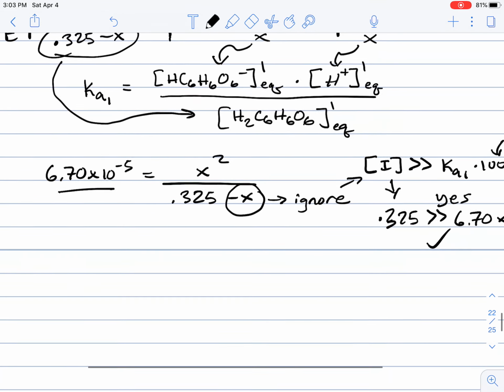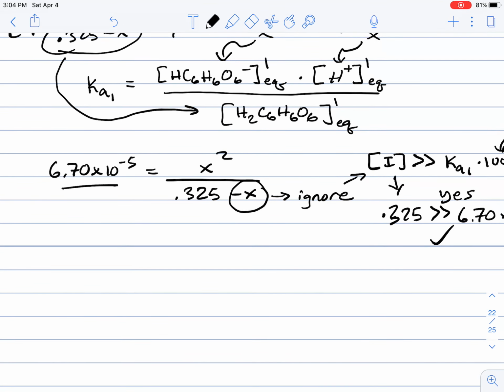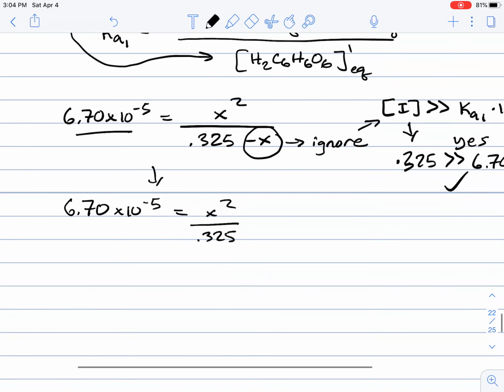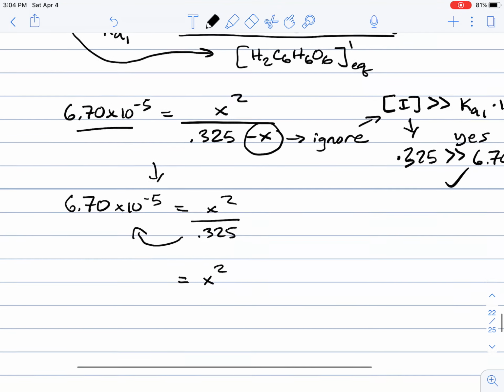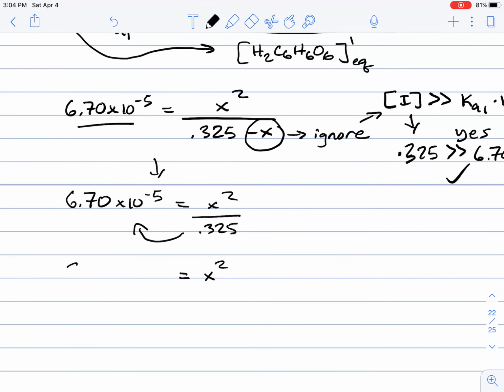So therefore I can go ahead and ignore the x in my denominator. So that's going to be 6.70 times 10 to the negative 5, which is equal to x squared over 0.325. And so if I multiply 0.325 to the other side, I get x squared is equal to 2.18 times 10 to the negative 5.